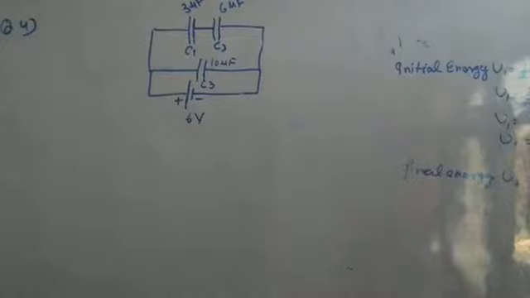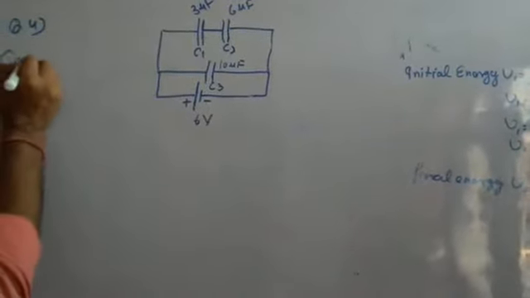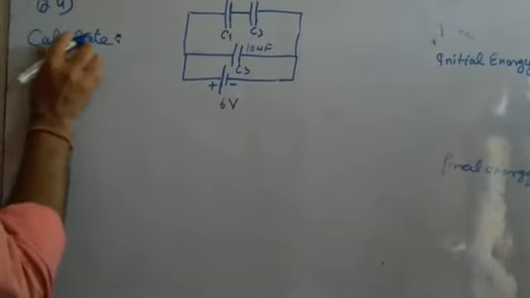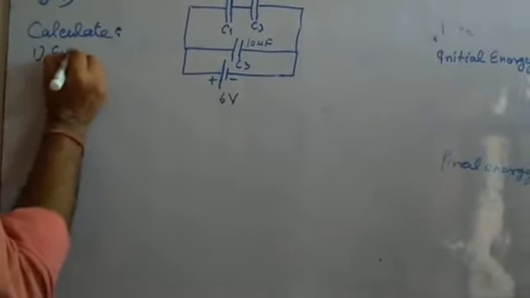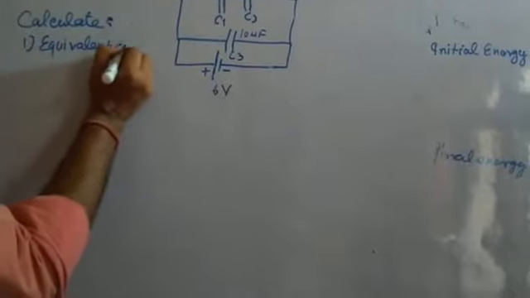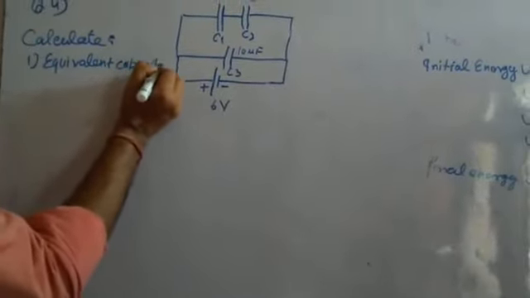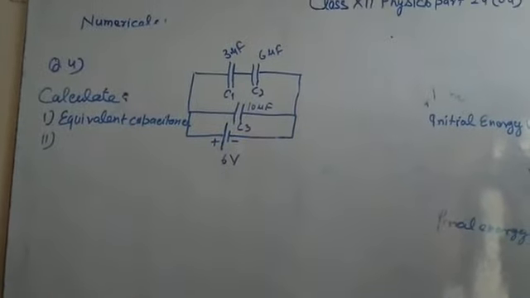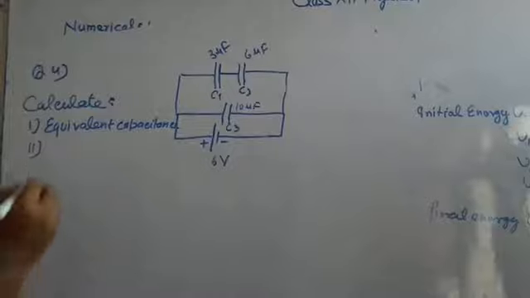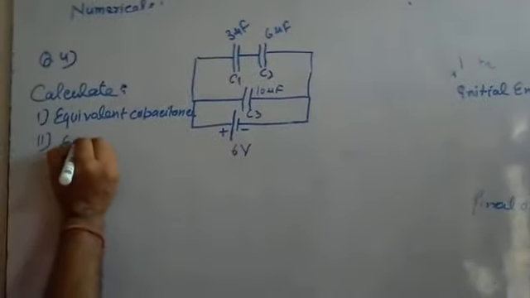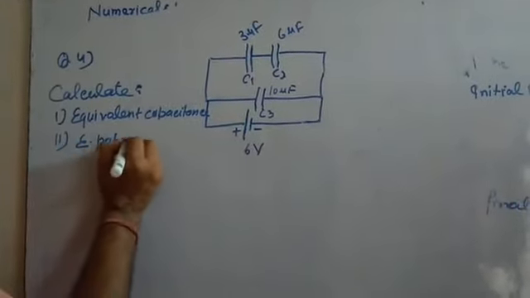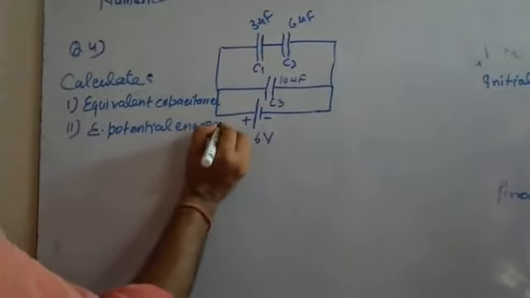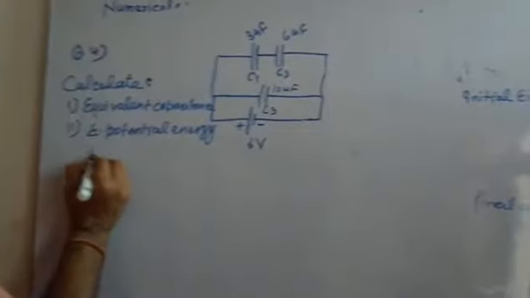Calculate first the equivalent capacitance. Number 2, the electrostatic potential energy stored in the system.